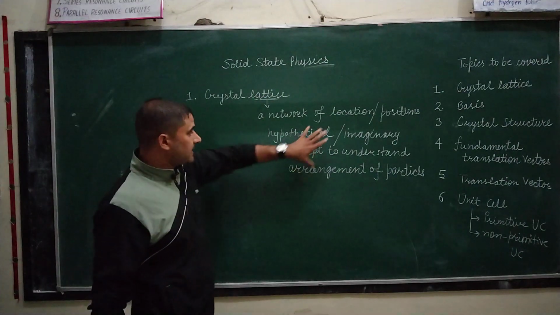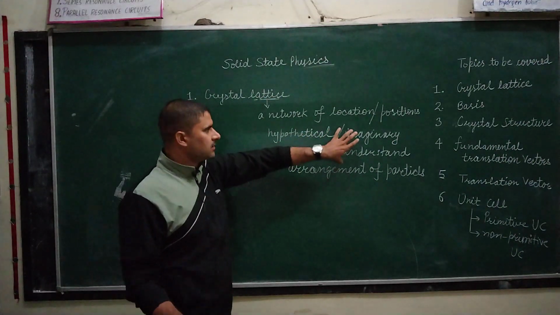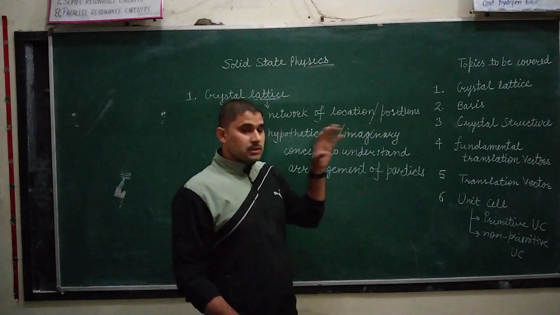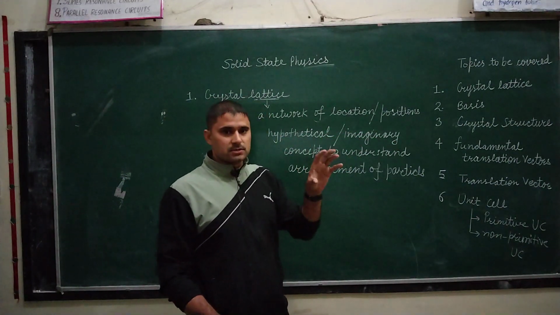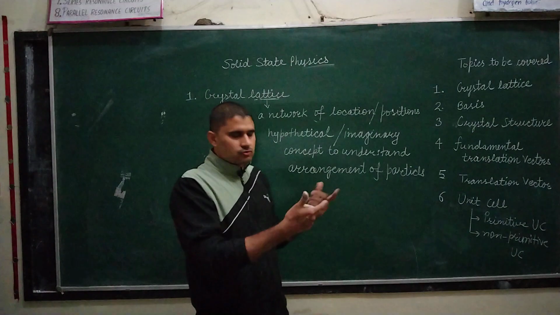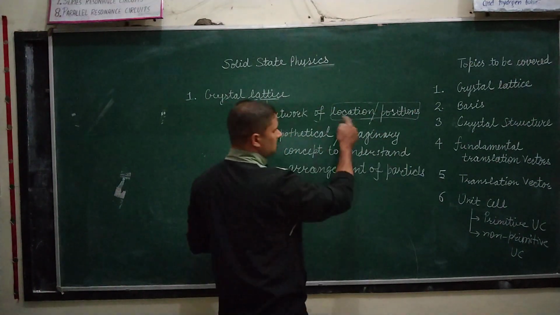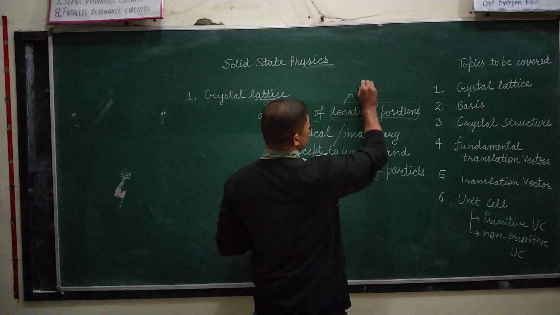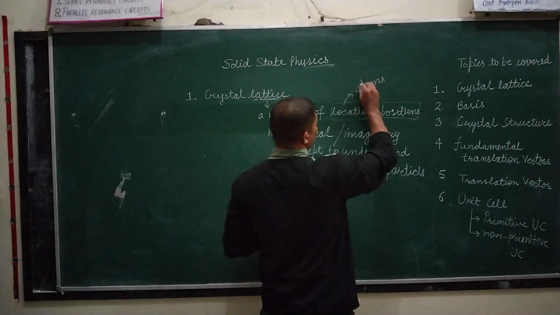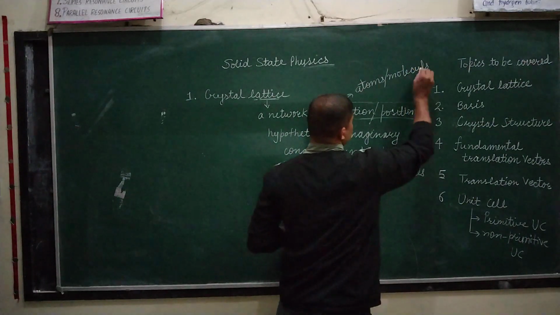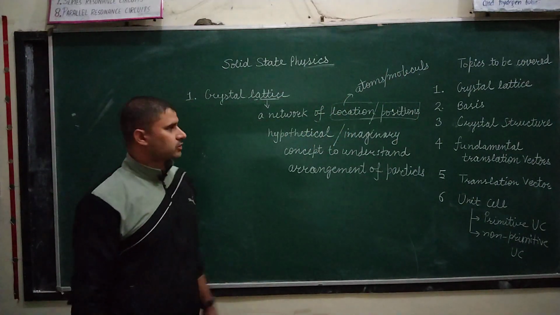So as the definition justifies, these are the locations and positions where the building blocks, the particles which constitute the crystal, are present. So what is present at these locations? Atoms or groups of atoms, you can say molecules, these are present, okay class.